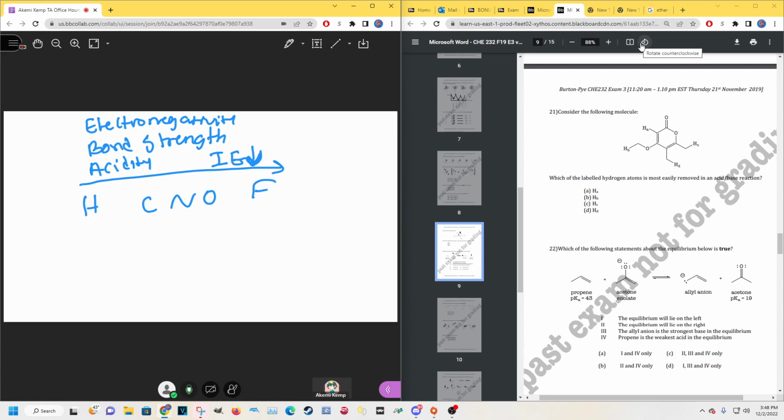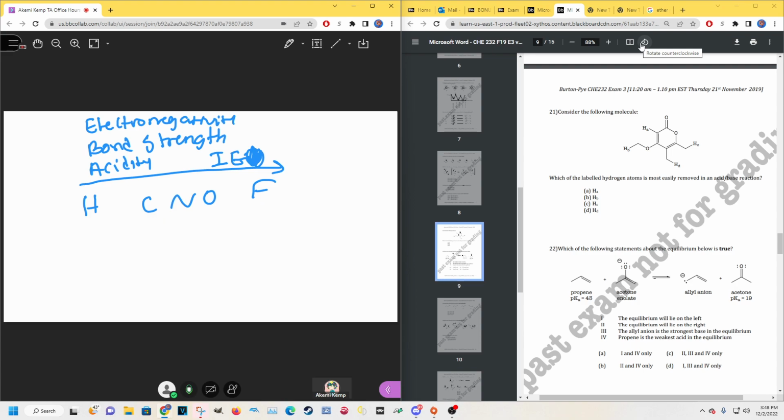So the lone pairs you're going to try and take away are lower in energy, and you won't really find much high energy electrons there. So the ionization energy definitely increases left to right on the periodic table.